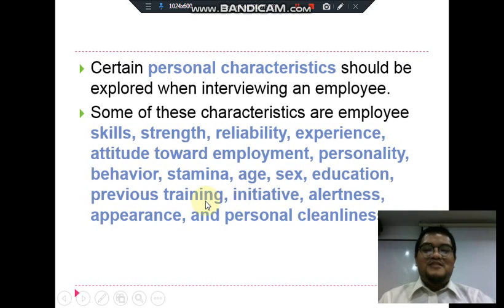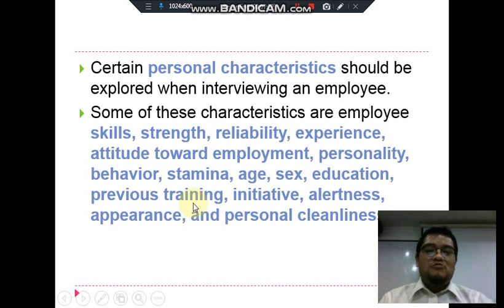Education, previous training. Guys, how do you check education? Yes, they put in the resume, sometimes they have the degree, but we want to see the certificate, the physical cert of the degree, for example. So you want to check the education, previous training.